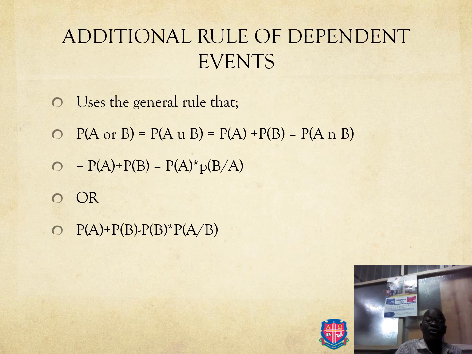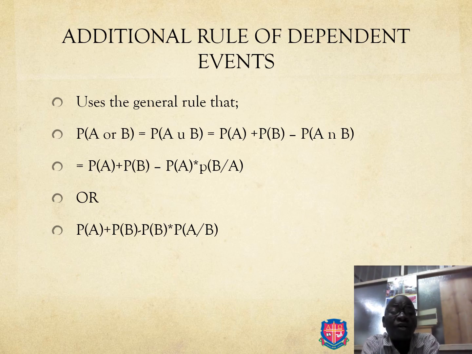Addition rule of dependent events. This uses the general addition rule of probability, which goes that probability of A or B, where you are measuring the union, is equal to probability of A plus probability of B minus probability of A intersection B. In mutually exclusive events, it remains probability of A plus probability of B because the probability of A intersection B is equal to 0.